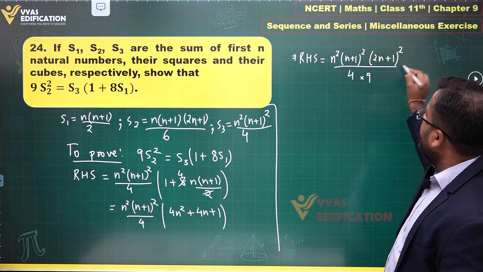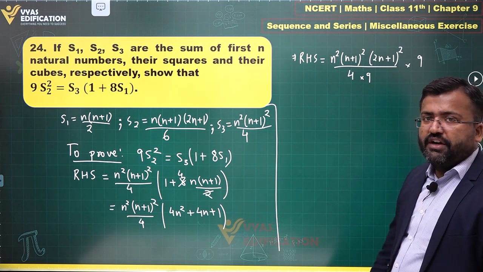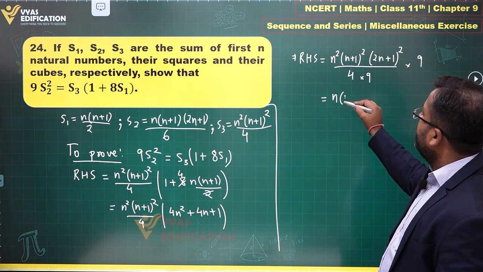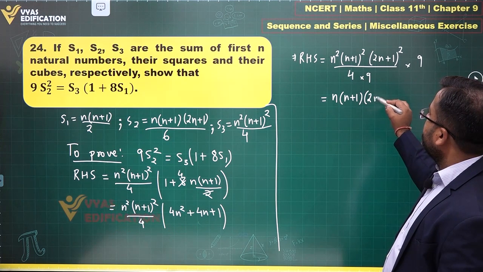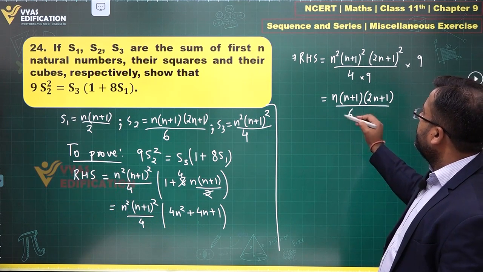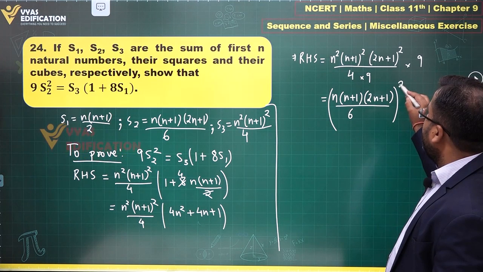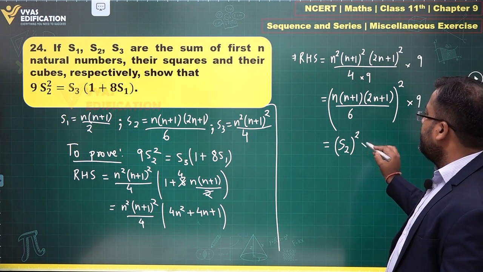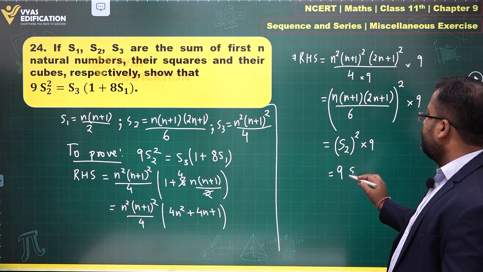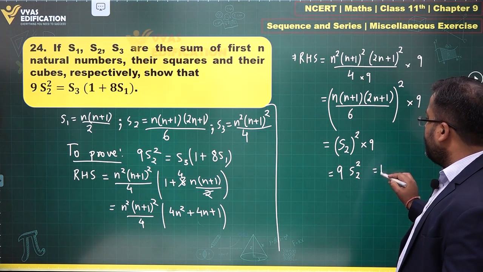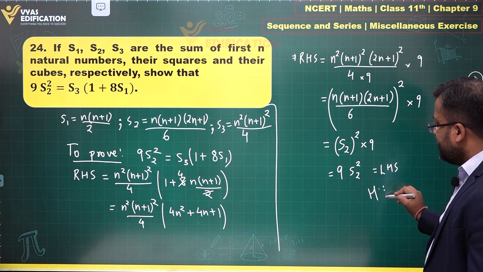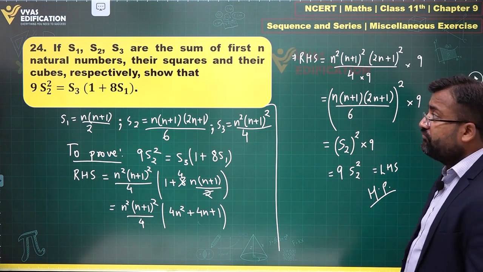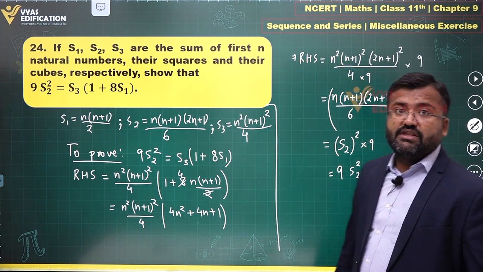So let's multiply with the 9 in the denominator and numerator respectively. This becomes n plus 1, 2n plus 1 upon, this is 36 and its square times 9. This is S2 square times 9, which is 9 S2 square, which is equal to the LHS. And yes, that's the complete proof of this particular 24th question, as you can see over here.